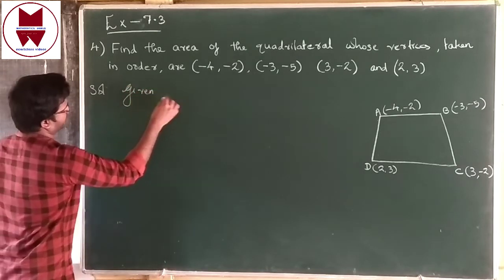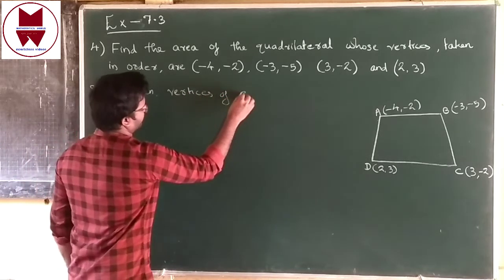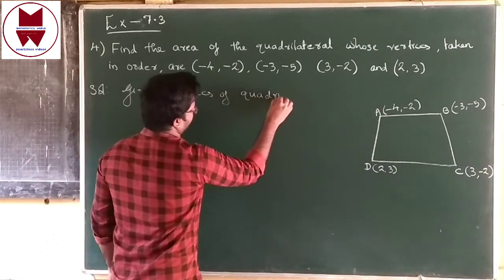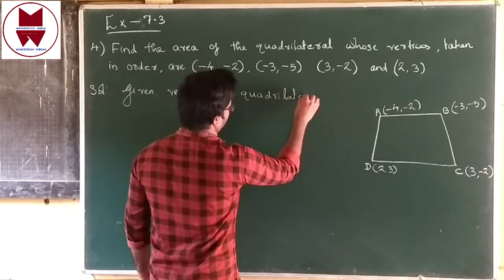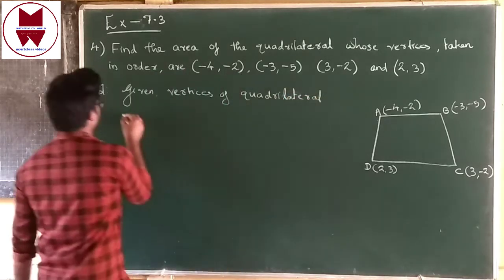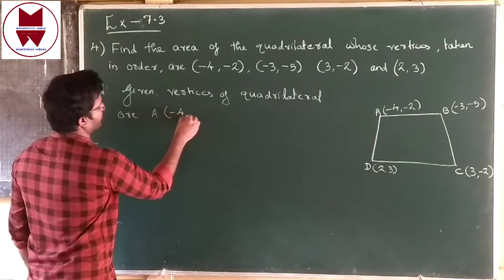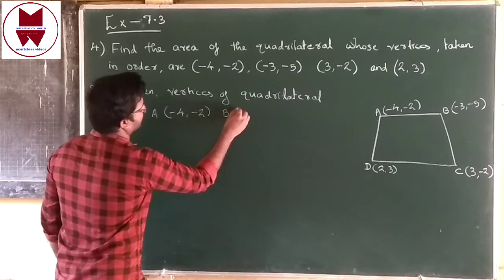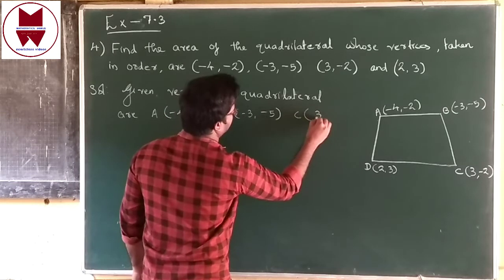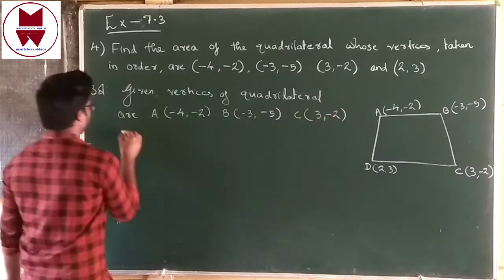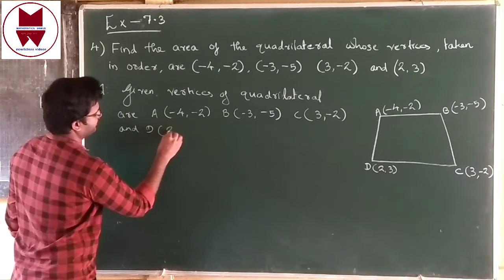Given vertices of the quadrilateral are: A is (-4, -2), B is (-3, -5), C is (3, -2) and D is (2, 3).